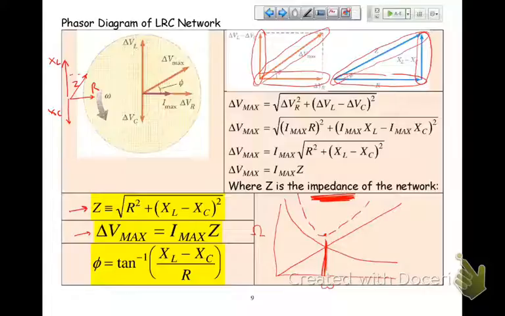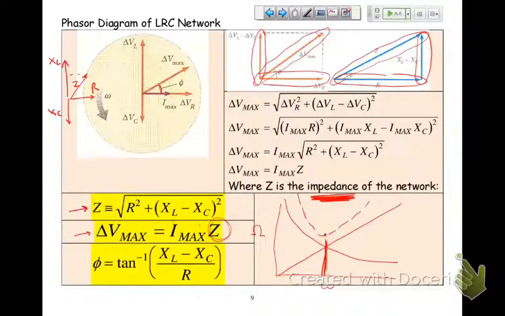And this is the thing I want. As the frequency changes, it is my impedance that's going to change, and so I'll get a bigger Imax or a smaller Imax depending on Z. And there's the phase angle.